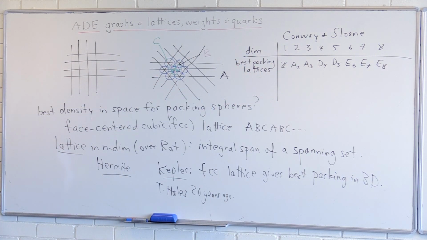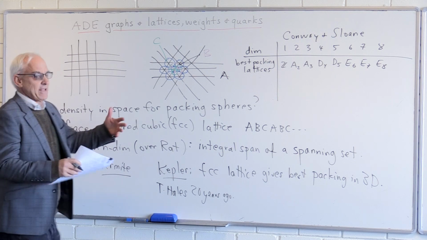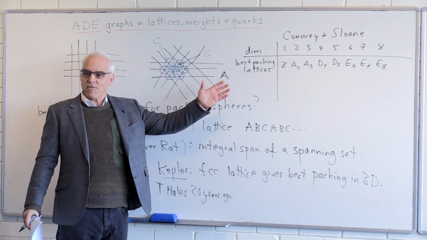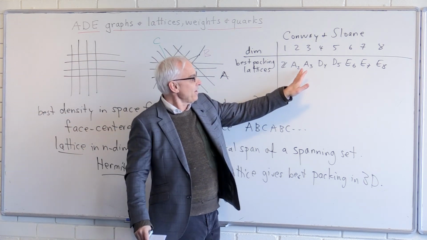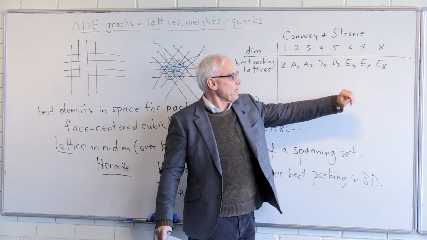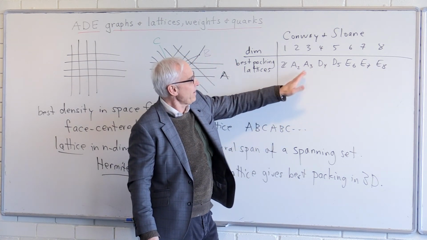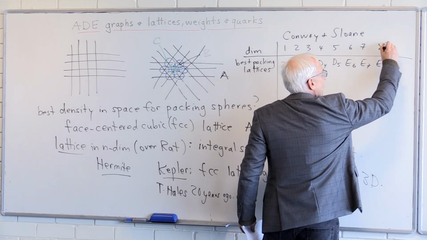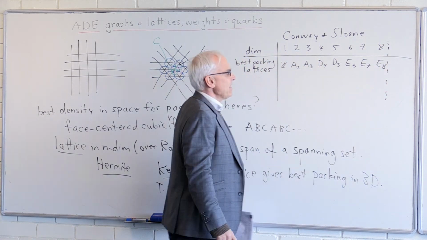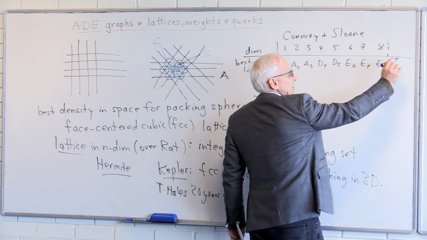It turns out that the best lattices are the ones obtained from Dynkin diagrams. These are the Dynkin diagrams that we've been talking about in our lectures so far, up to 8. That's where a nice list ends, and after that things get a little bit trickier.